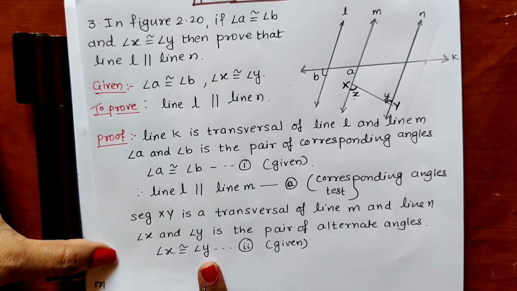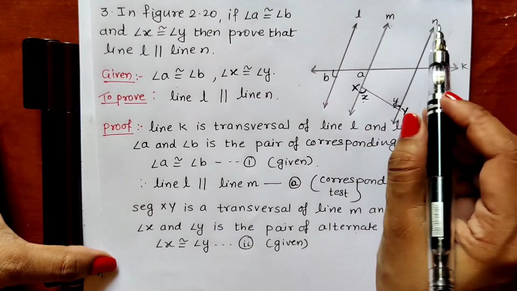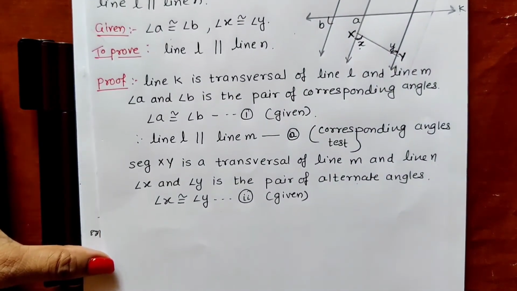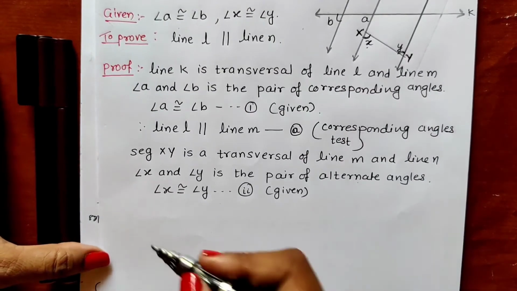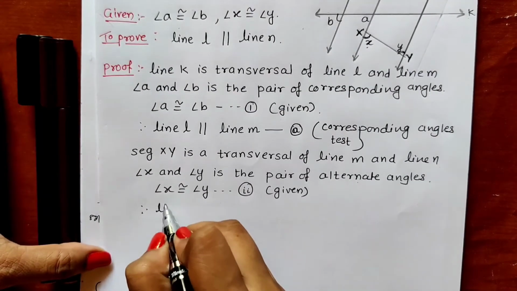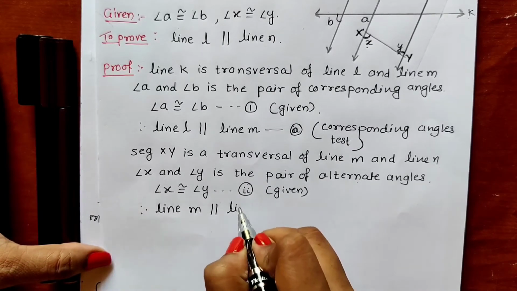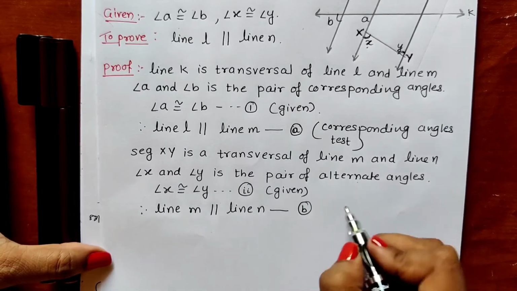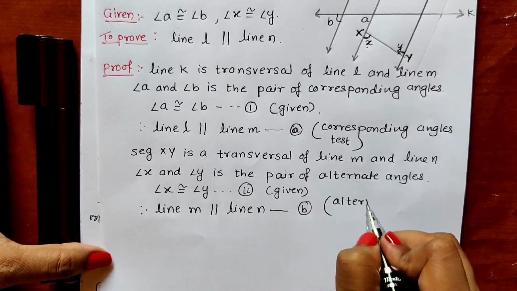As alternate angles are congruent, what does it mean? It means that these two lines, line M and line N, are parallel to each other, and therefore I can write here, therefore line M is parallel to line N. This will be my statement b, and the reason is alternate angles test.